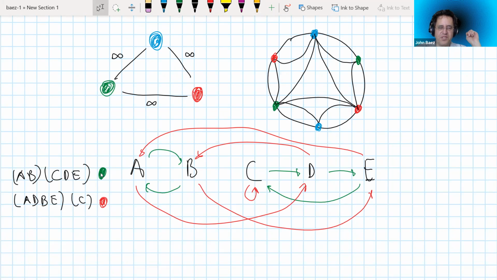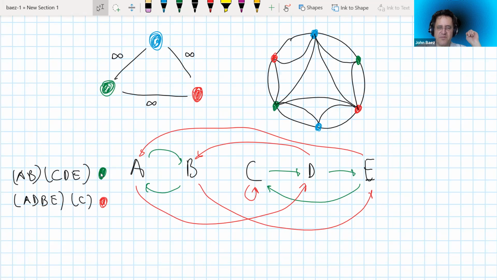So there are 5 regions, and when I cross a green edge, I go from one region to another by doing one of these red or green things.